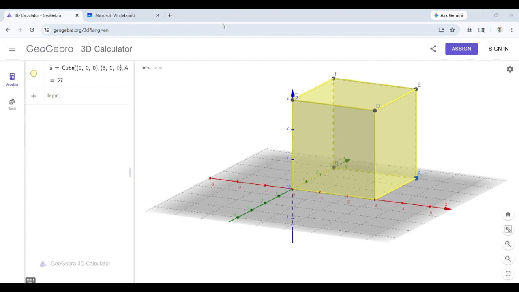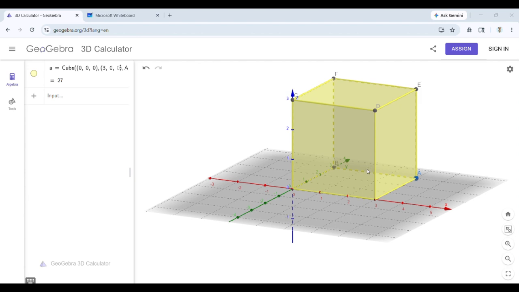Look at my screen right now. You can see three colored lines crossing each other: a blue line, a red line, and a green line. In 2D, we only have the red line, this one, that represents the x-axis for the length, and the green line that represents the y-axis for the width.